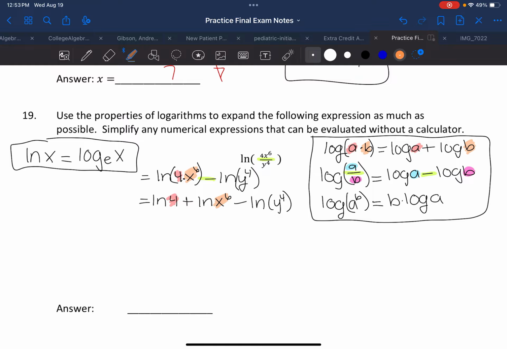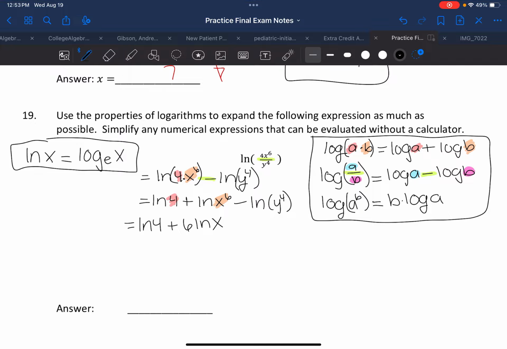Okay, and then finally, if there's any exponents, we will use the third rule down here to pull the exponents out front, and it'll get multiplied. So the first one, I can't do anything else. That stays as ln of 4. But the second term here has an exponent of 6, so I can pull that 6 out front and multiply it by the ln of x, what's left.